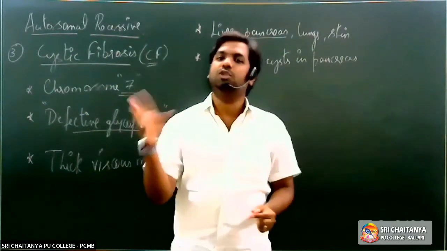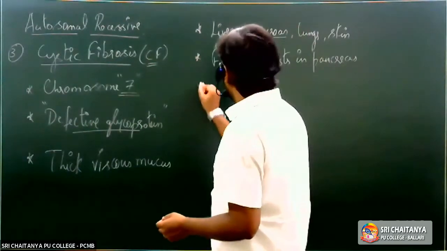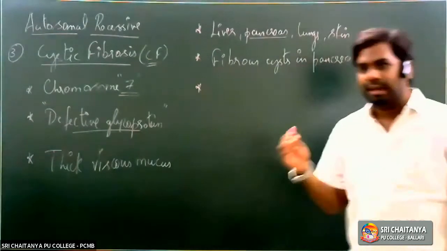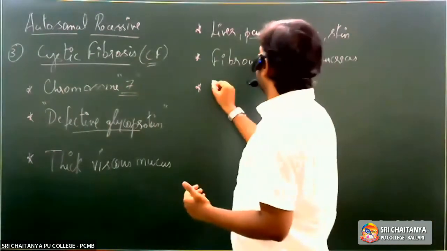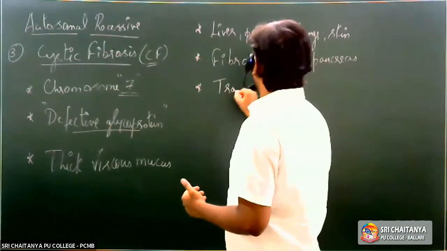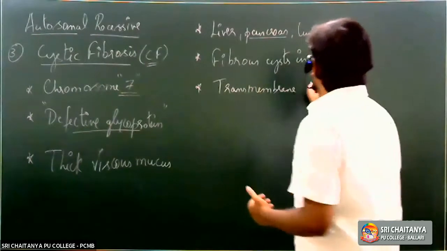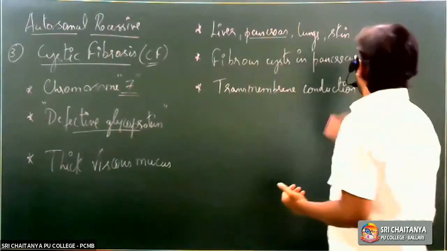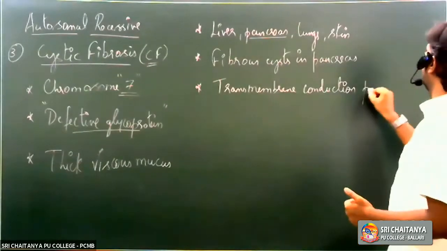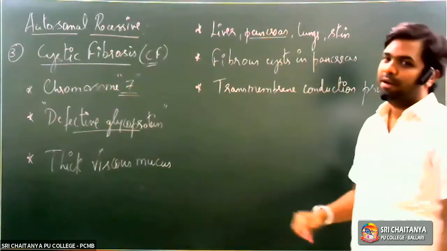There is one more condition also associated with cystic fibrosis, where there is improper production, or a faulty transmembrane conduction protein is being produced. Right? There is a faulty or defective transmembrane conduction protein that is being produced. So what does this mean, transmembrane conduction protein?